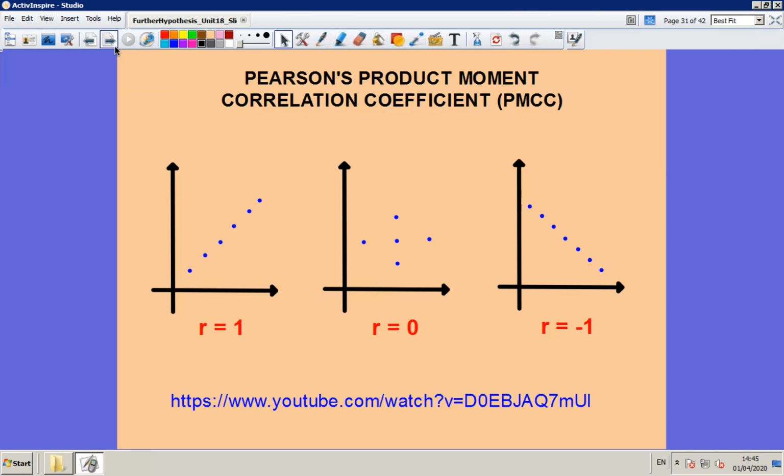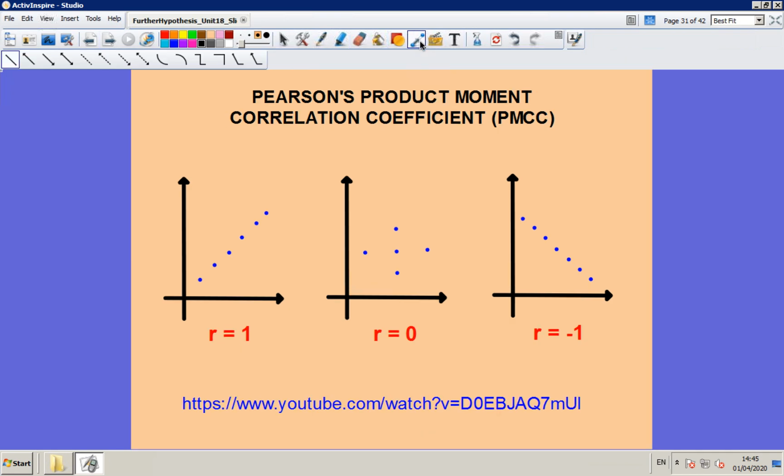Okay, so for today's lesson, we're looking back at R, which is Pearson's product moment correlation coefficient, or what I'll describe it as for the rest of the day, PMCC. So you might remember this, and it's a way of measuring the level of correlation between two variables.